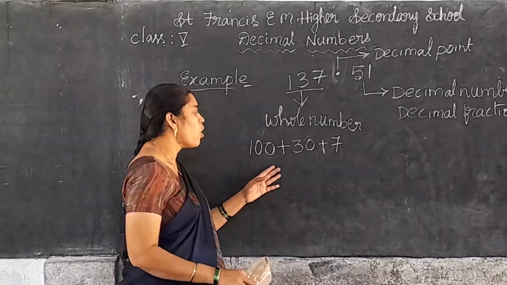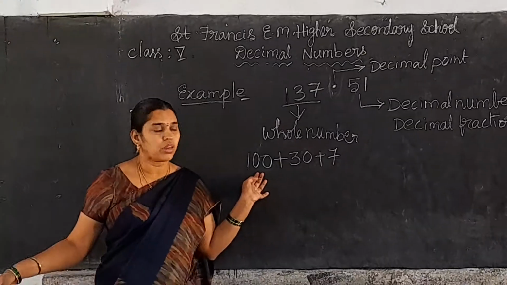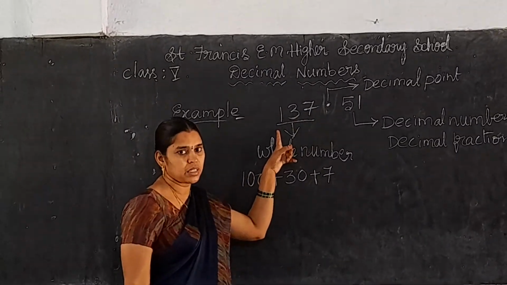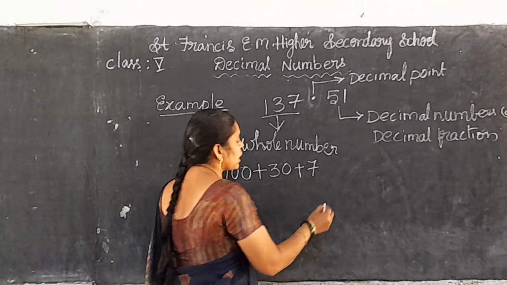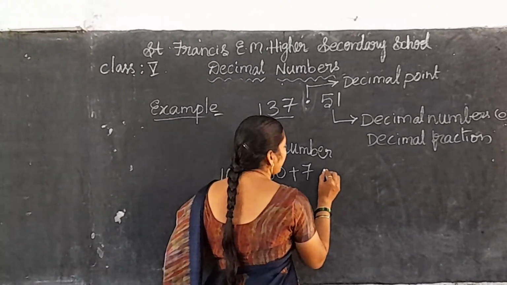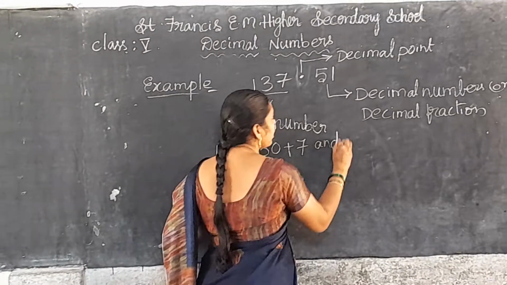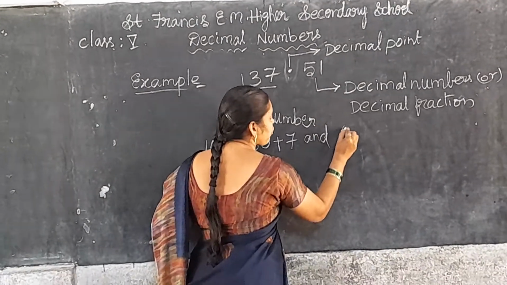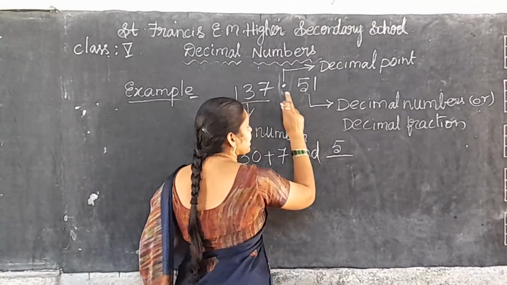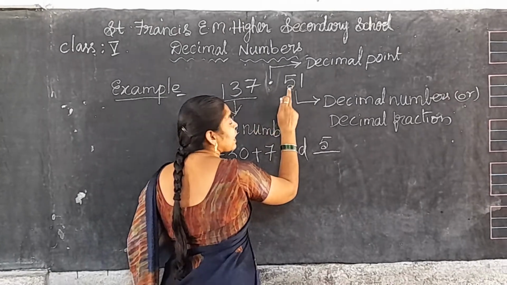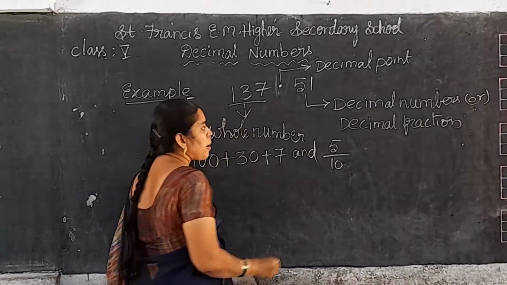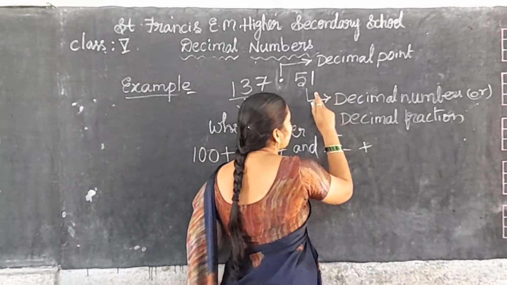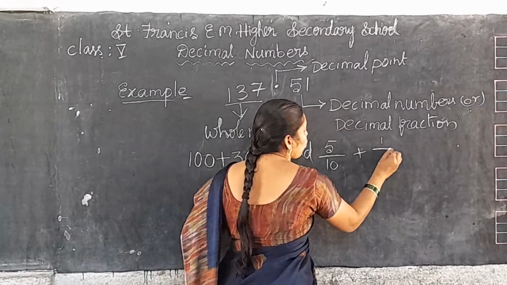This is the part before the point. Now, how can you write the part after the point? See here, 5 is in tenths place. See, this is ones, this is tenths. So that is 5 by 10. Plus, in hundredths place, it can be written as 1 by 100.